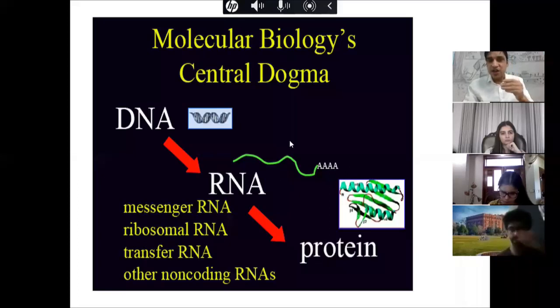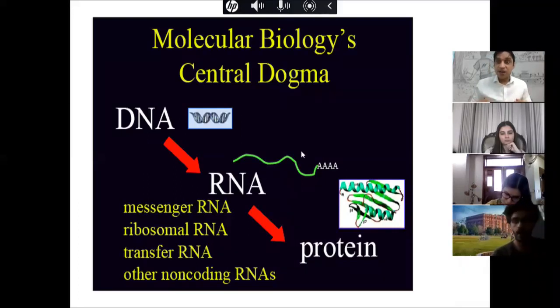Once the messenger RNA is there, nature still holds the capacity to control and tune the levels of messenger RNA within the cell. Whether that messenger RNA is exactly required or not, is this messenger RNA fine or not, should this messenger RNA be kept or not.